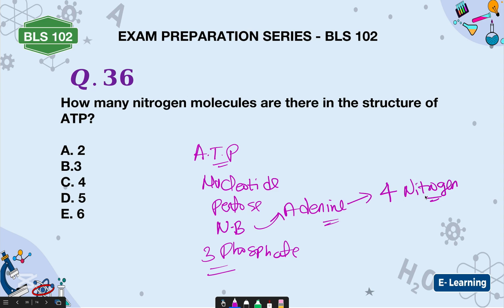It has 4 nitrogen: 2 on the 6-membered ring, 2 on the 5-membered ring. All right.